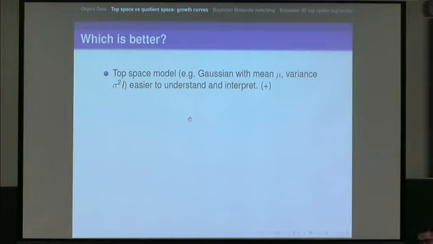So which of these two approaches is better, whether to do a top space model or a quotient space model? So the top space model, I think the model is much easier to understand in that you're putting things like Gaussians on standard distributions because you're usually in a standard space, so it's quite easy to interpret.